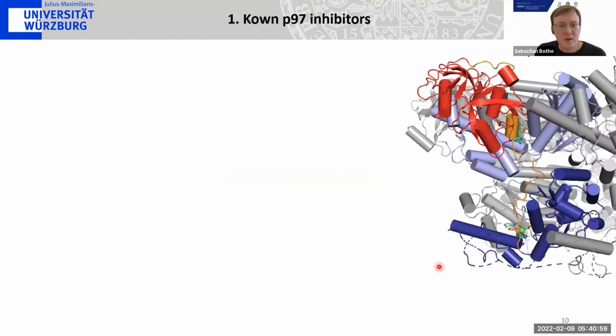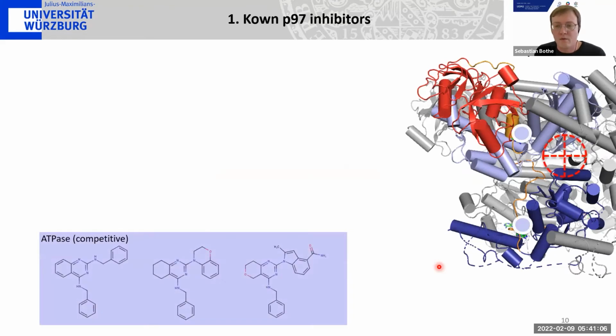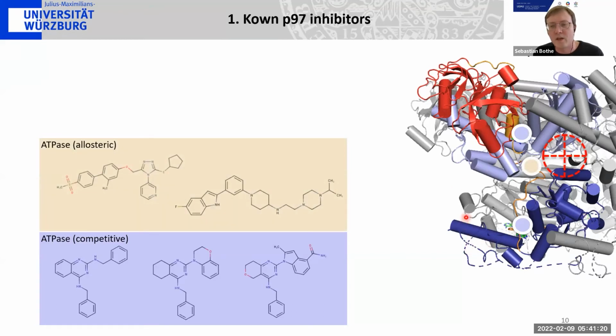So when we talk about inhibitors, what is already known about inhibitors for P97? First, the most known inhibitors for P97 are competitive ATPase inhibitors, which mainly act on the D2 domain. Then we have some allosteric ATPase inhibitors, which inhibit the communication between the D2 and D1 ATPase function and also shut down the whole ATPase function of P97.